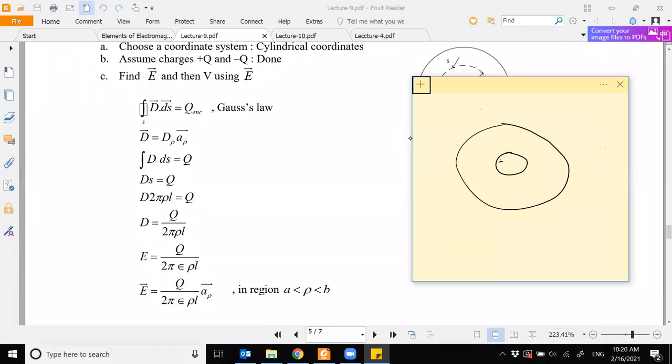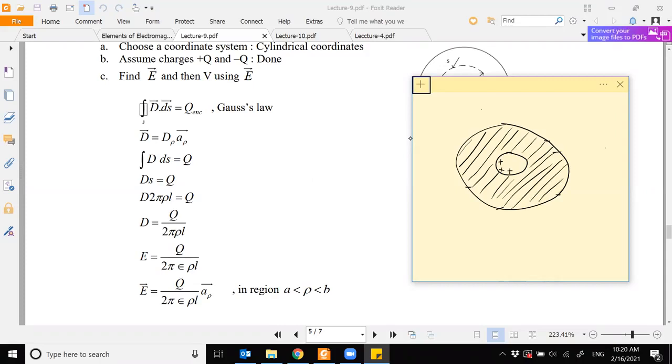So the inner conductor has positive charges. The outer conductor has negative charges. Okay. So now I need to find the electric field in this region, right? The region which is between the two conductors. So I want to use Gauss's law.